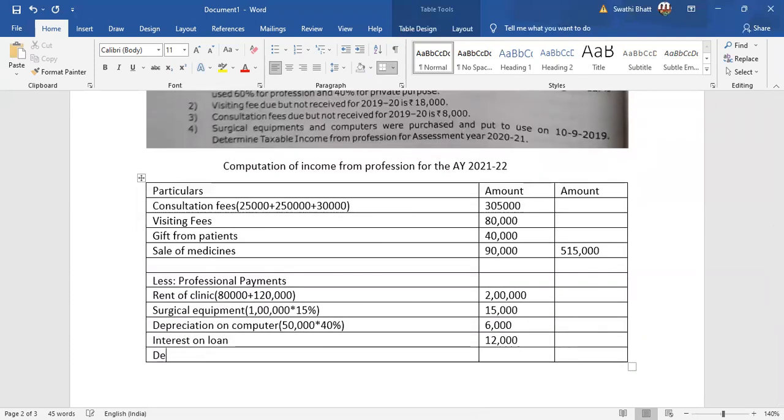So depreciation on professional books will be equal to 15,000, which is the value of the books, into 40%. Remember, the rate of depreciation on books and on computers is 40%. So the amount will sum up to 6,000.